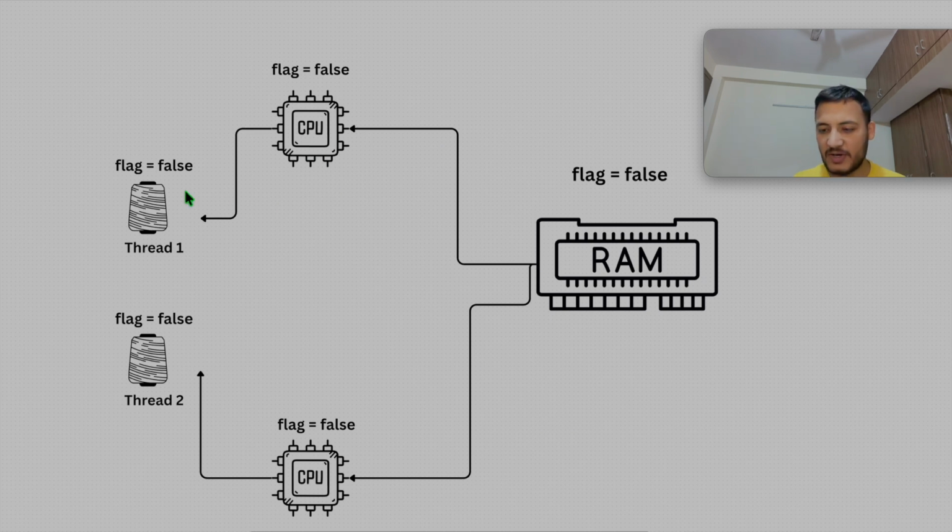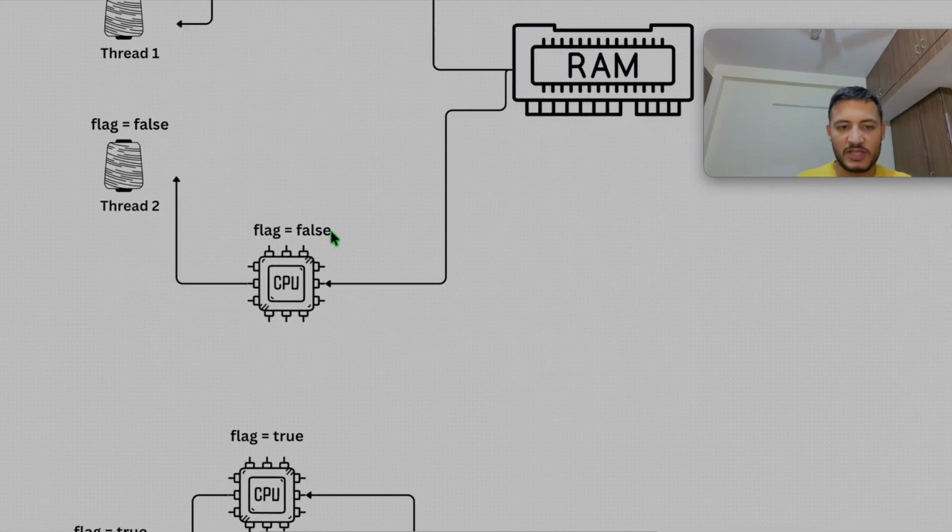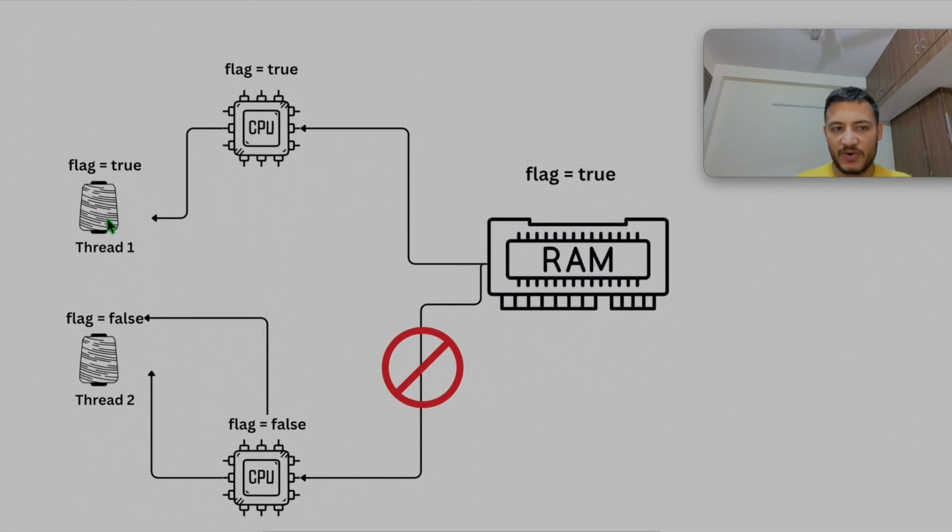Whenever they perform an operation, they refer to this value from the CPU cache. Now let's say thread 1 updates the value of flag to true. This will eventually be synced to memory. While in parallel, thread 2 is working on the same flag, it may not see the update because it is reading the value from the CPU cache.